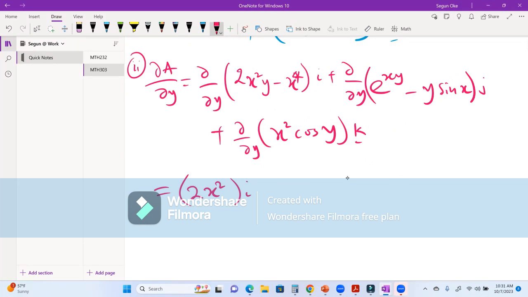Yes, sir. Because in 2x squared y, when you differentiate y, you have 1. The x there is 0. It has nothing to do with what we are saying. Then the next one will be plus x exponential xy. Do you agree? Yes, sir.